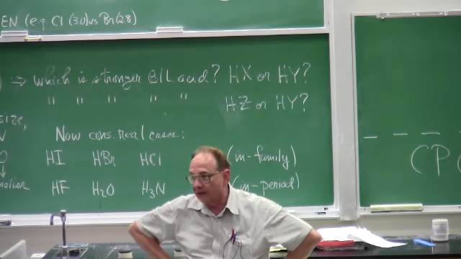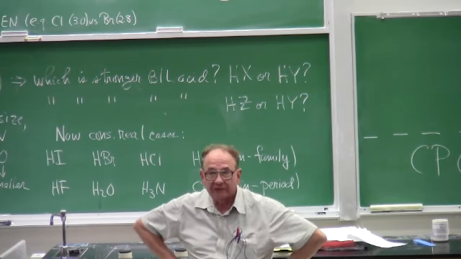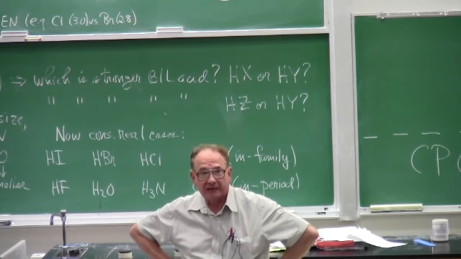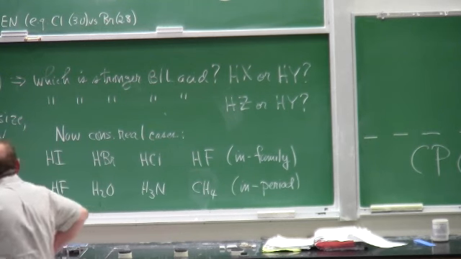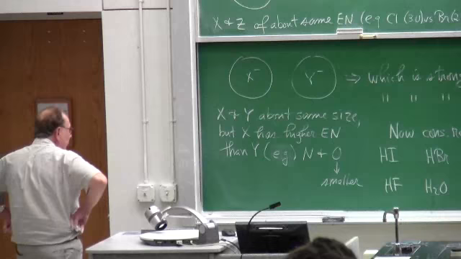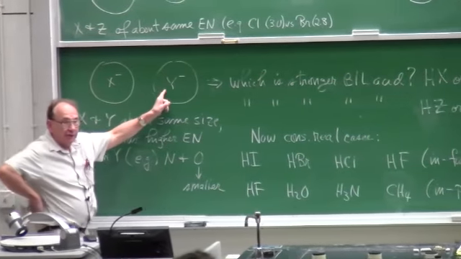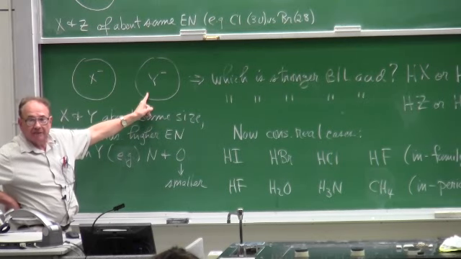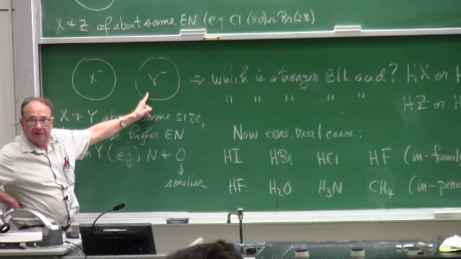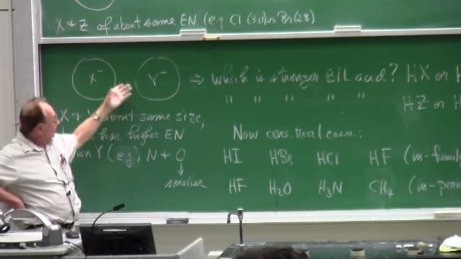Well, now we're even simplifying the idea. We're not talking about orbital electronegativity. We're now talking about a real property of atoms, electronegativity. And so, charge to size ratio. These species will stabilize negative charge density to about the same extent, because they're about the same size.